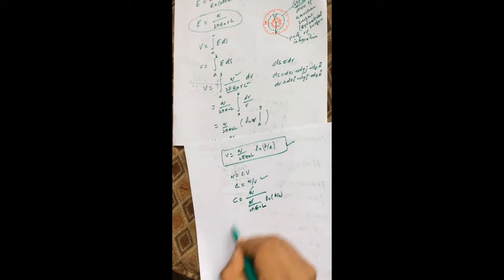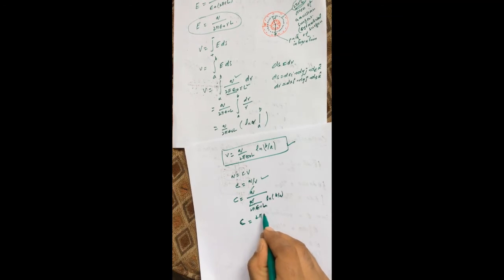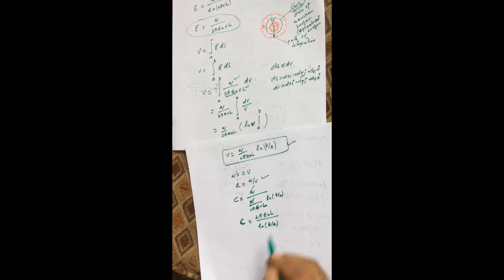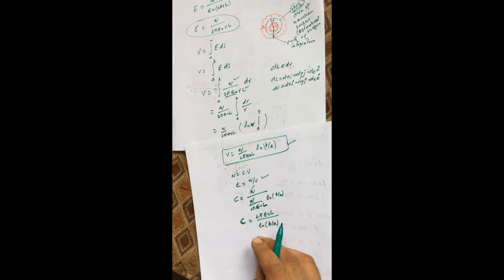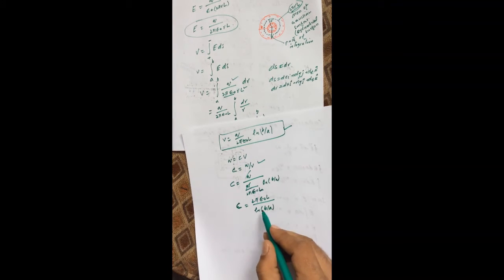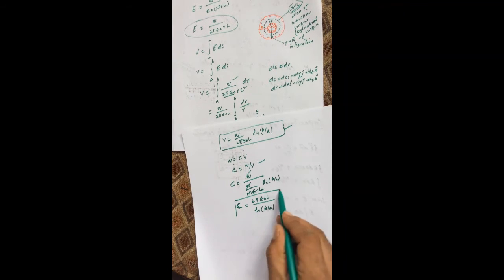Q cancels with this Q, so C is equal to 2 pi epsilon naught L over ln B over A. This is the capacitance of a cylindrical capacitor. Here we see that the capacitance also depends on the geometrical factor.